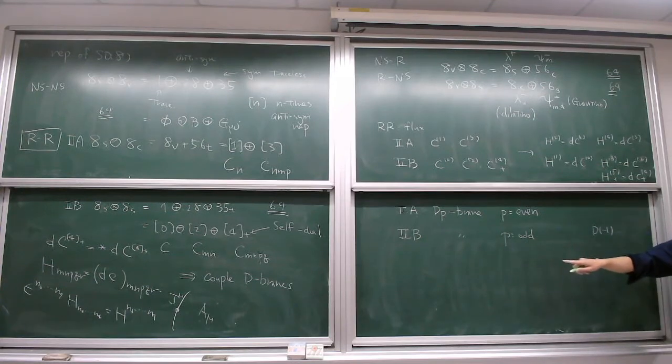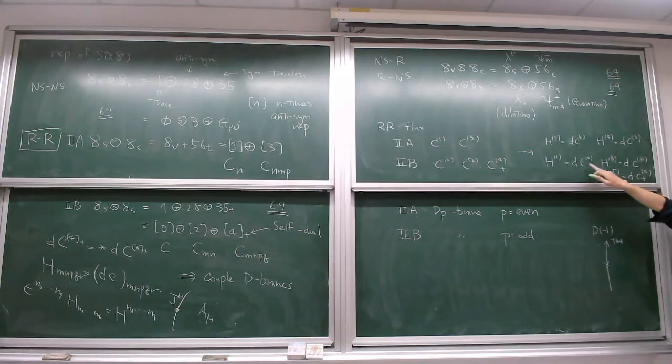Therefore, D minus 1 means you just pop up at some point in the time direction, and it disappears. Okay, that's D minus 1. So that's called an instanton. It instantaneously appears at one point of the time direction and disappears. That's why it is an instanton.